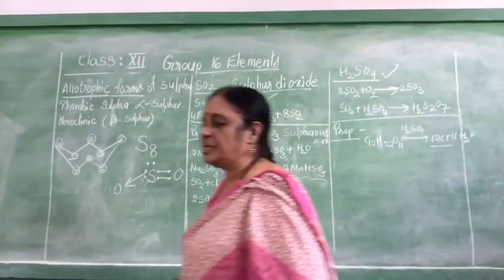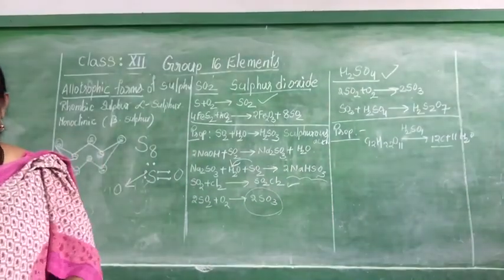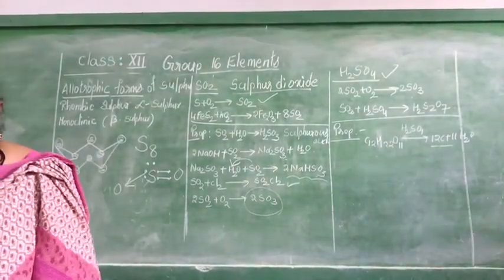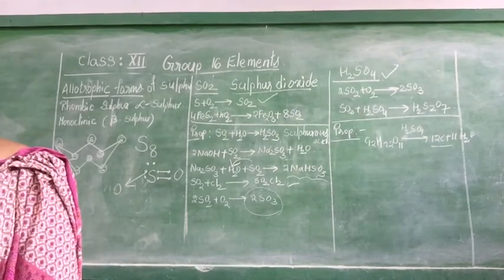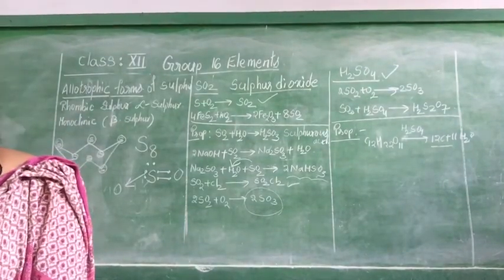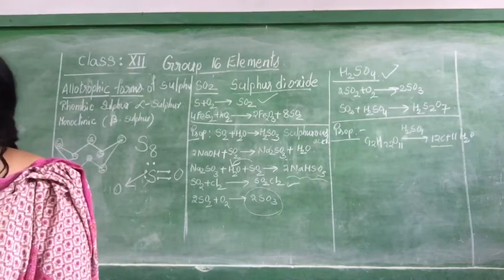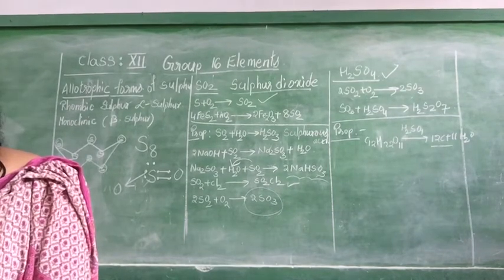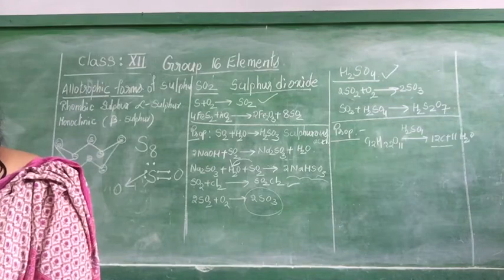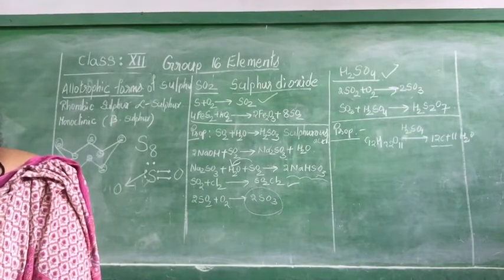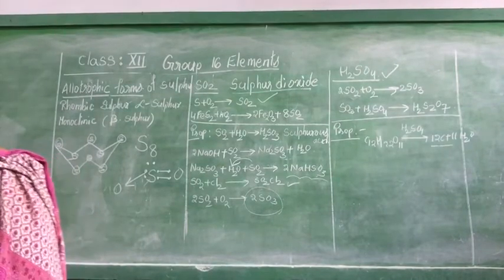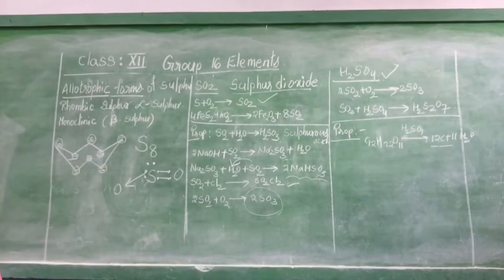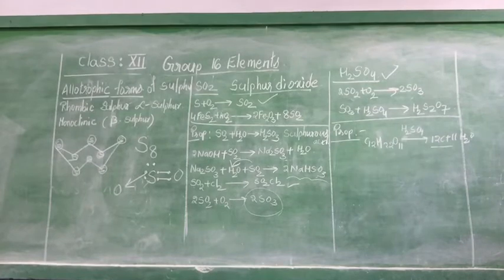Now, this reaction is known as charring. Okay, children? Now, concentrated sulfuric acid is a strong dehydrating agent also. Many wet gases can be dried by passing them through sulfuric acid. Now, charring action on carbohydrate. Sucrose, when it is treated with sulfuric acid, 12 moles of carbon are formed.